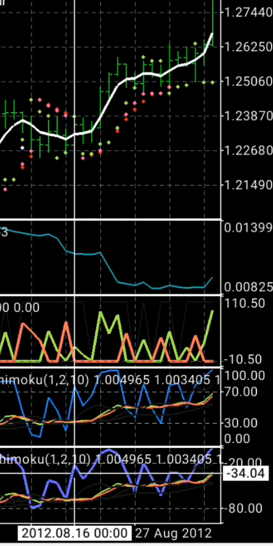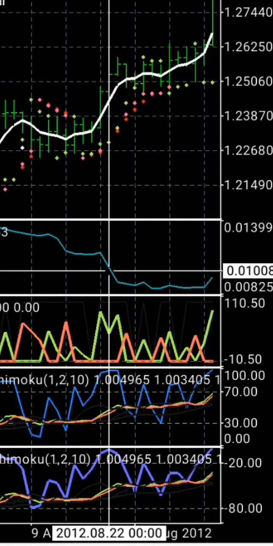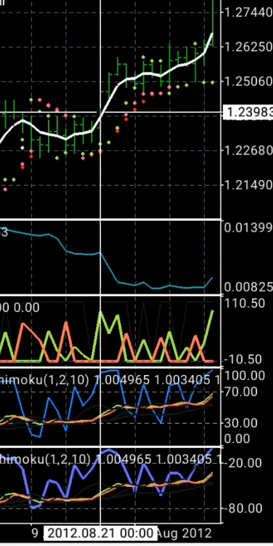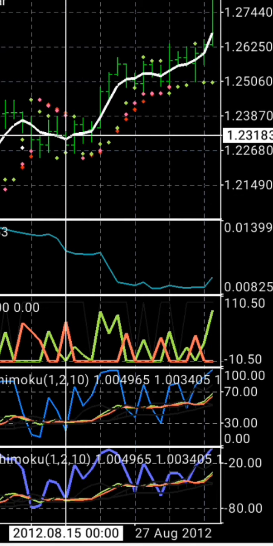If we enter long here, where are we going to leave? We'll make all this. But how certain are we that we are going to make all that? If I actually entered here, sorry for that, my phone is really malfunctioning.